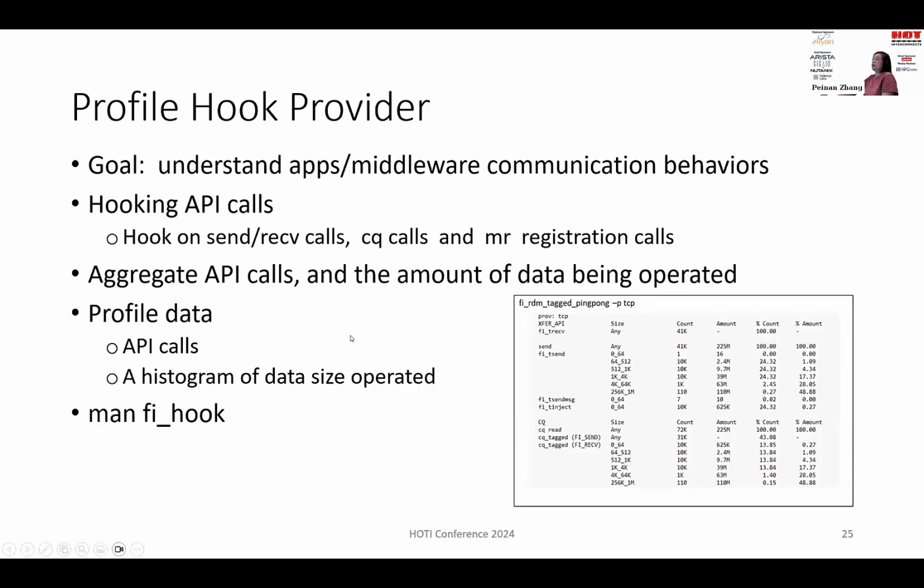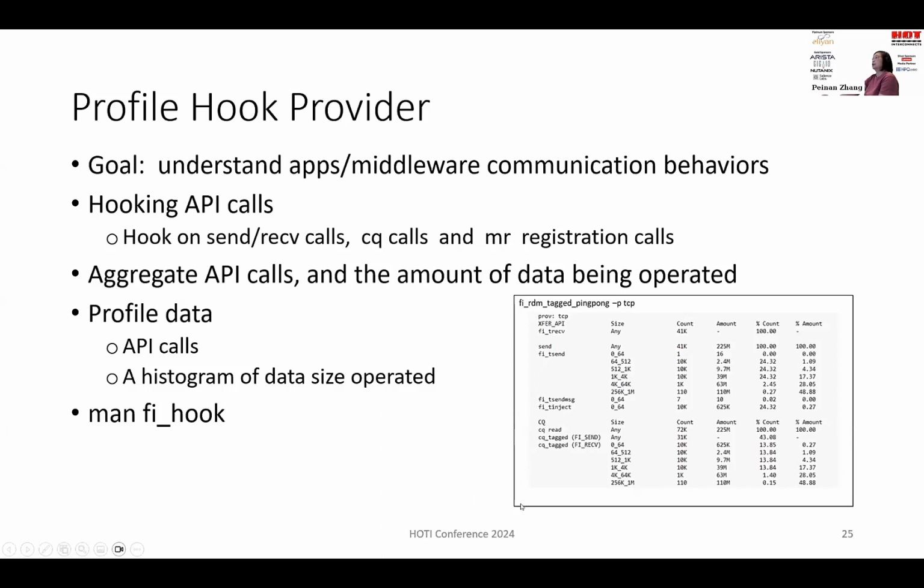It aggregates the API calls and the amount of data being operated. As a result, it will show all the APIs being used in the application execution and a histogram of the data size being operated.